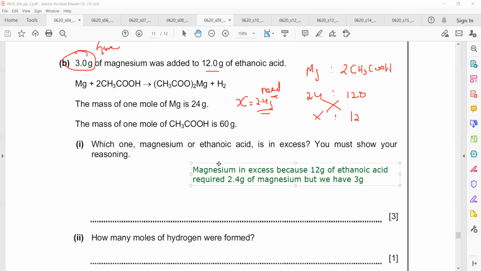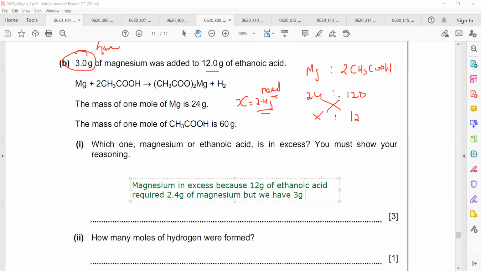Is this part clear? So you will use this ratio and just write according to this. Whenever you're taking a ratio, you're finding how much amount you need. And according to the question, you have 3 grams, so you have more than what is needed. That's why the magnesium is in excess, or more than enough.